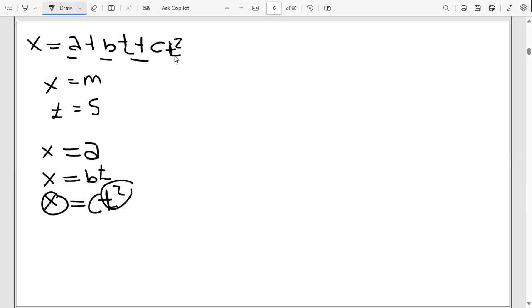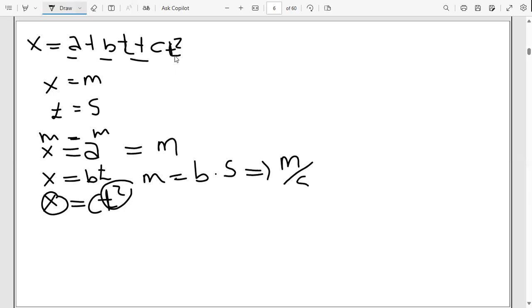Since this is m, that means on the right hand side there should be m. So the units for a are in meters. X is equal to bt: on the left hand side we have m, and on the right we have b and a second. That means the actual units for b are going to be meter per second.